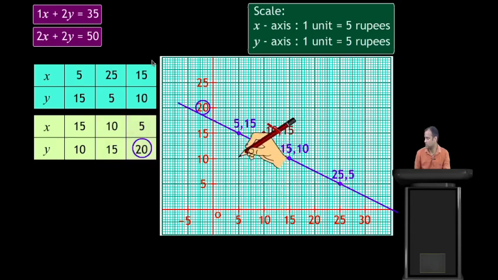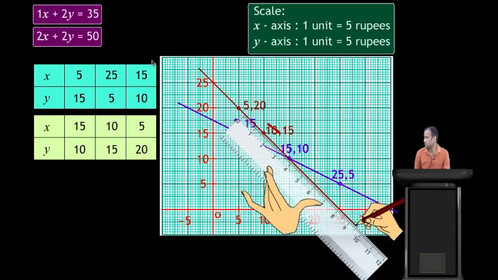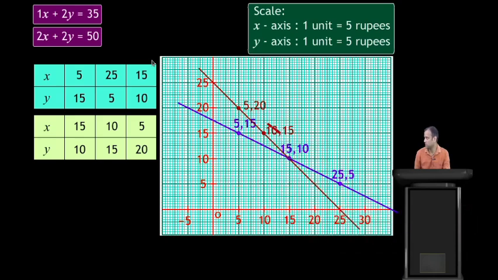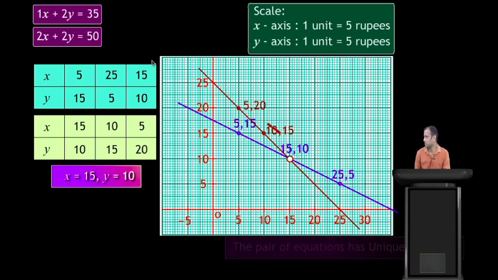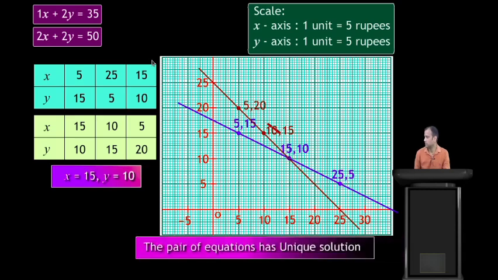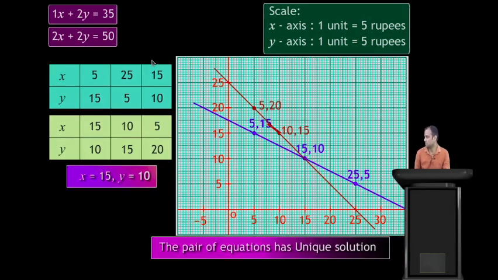So now we have 3 points, and now we can connect all these 3 points, and this is what we get, the graph of the second equation. Okay, here we can see that both the graphs are intersecting at one point, which is 15, 10. So we can say this is the unique solution. So x equals 15 and y equals 10. A pair of equations has a unique solution for this graph.